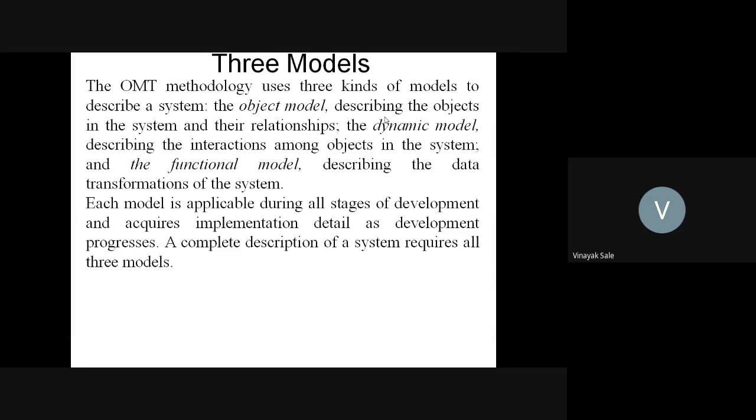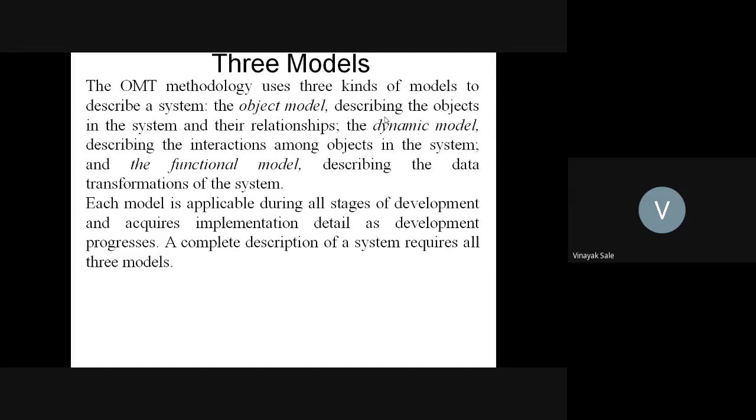There are three models in OMT technology. The OMT methodology uses three kinds of models to describe a system. First is the object model, which describes the objects in the system and their relationships. Second, the dynamic model, which describes the interaction among the objects in the system.